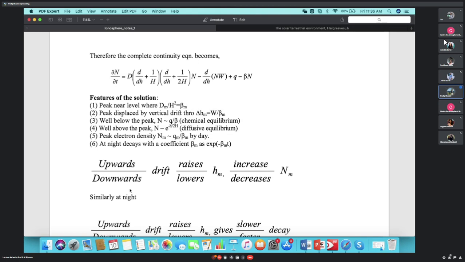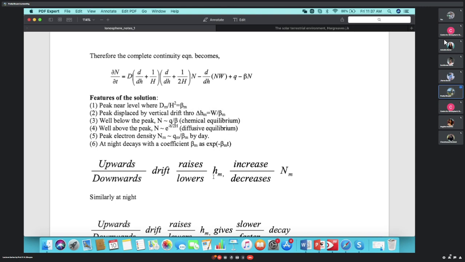So what happens? Your upward drift, you see this. It is written in a very simple way. Upward, downward, raises, lowers, increases, decreases. So upward drift raises Hm. If Hm rises, Nm increases. Okay, so this is what we understand from this solution or from physical process.